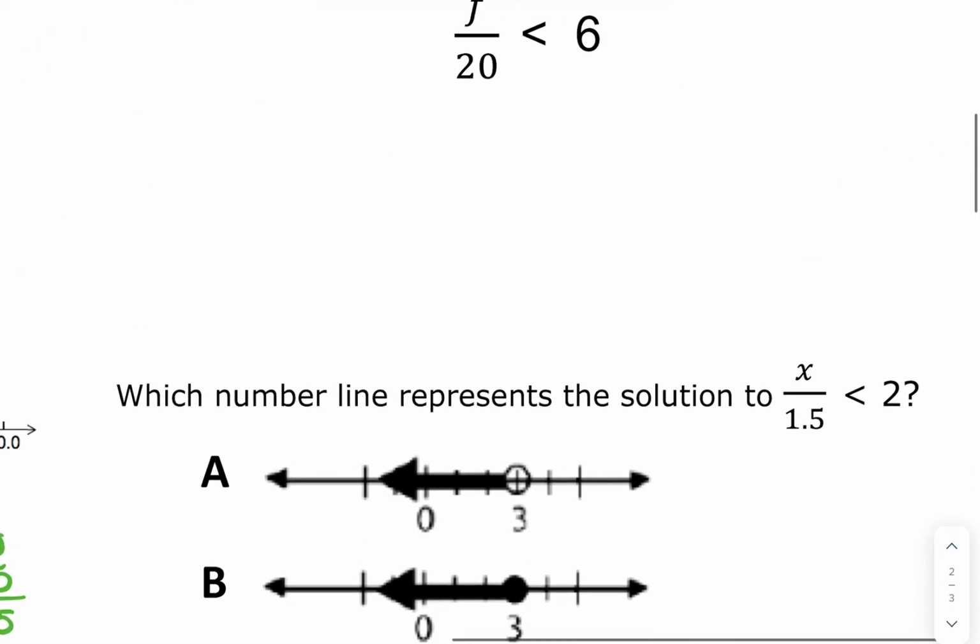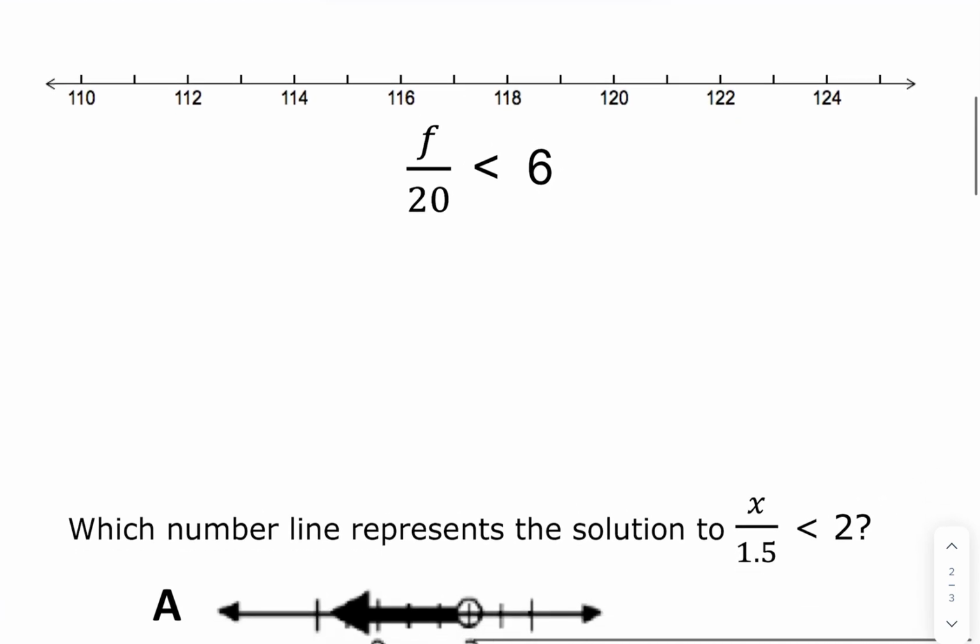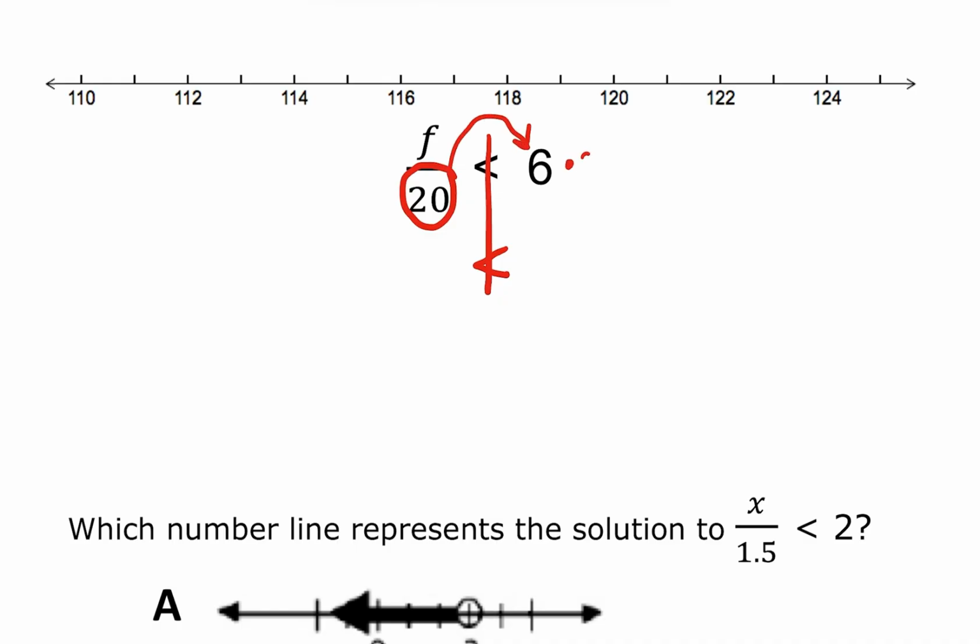All right, let's go to the other side. Okay, this one seems to have been bothering us recently. So bring down your alligator. Okay, what am I moving? 20. And then we have to ask ourselves, what is happening? What does a fraction mean to do? Divide. So the opposite would be multiply.